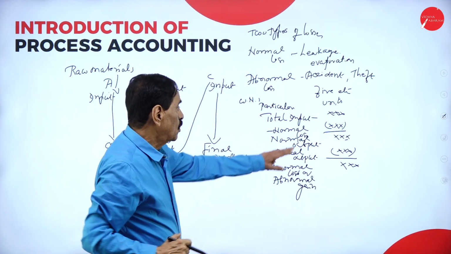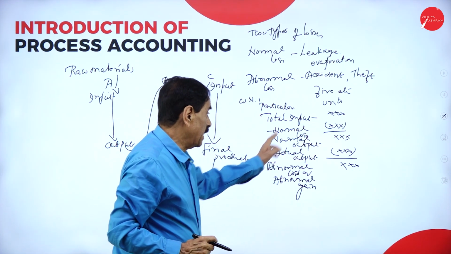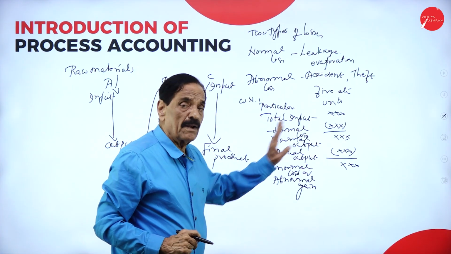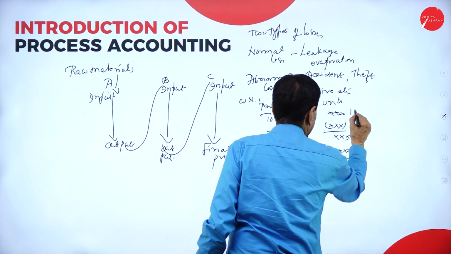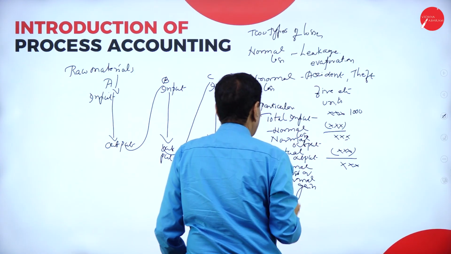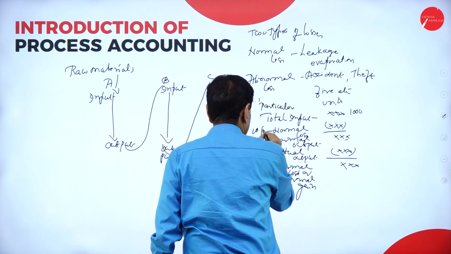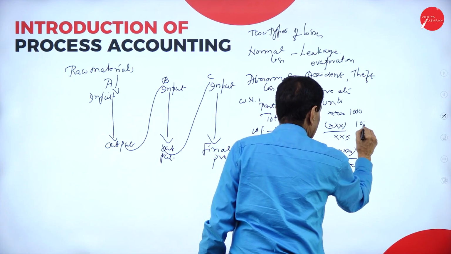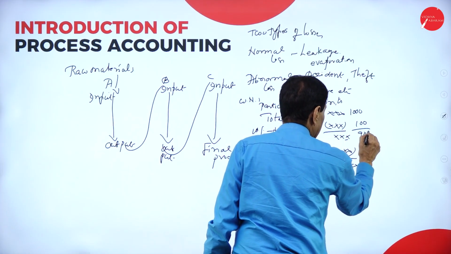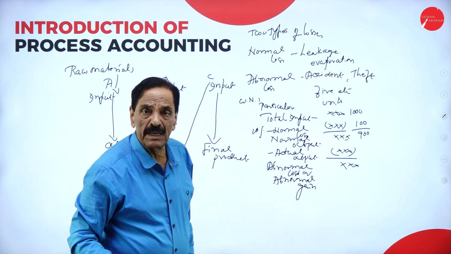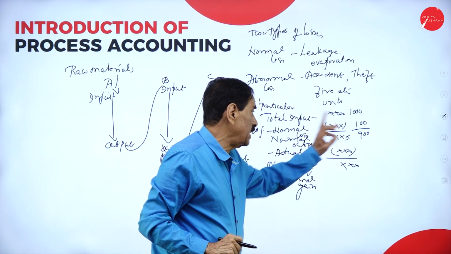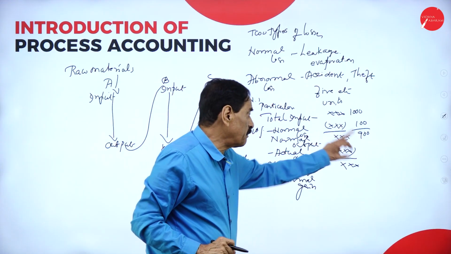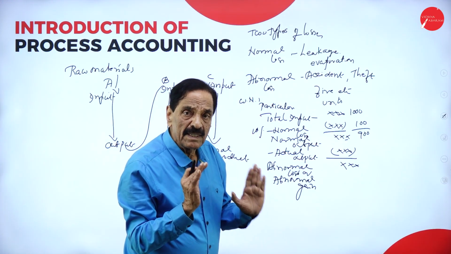Total input minus normal loss is called normal output. Assume that 1000 units have been introduced. 10% is the normal loss, meaning 100. In this small example, how much raw material was put? 1000. How much normal loss? 10%, 100. So your normal output is 900.